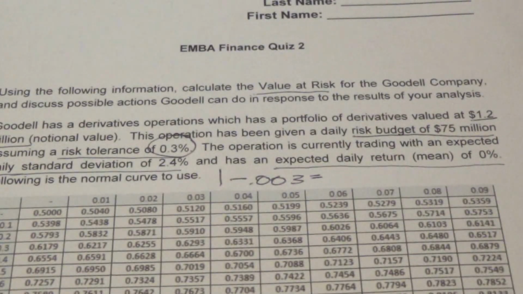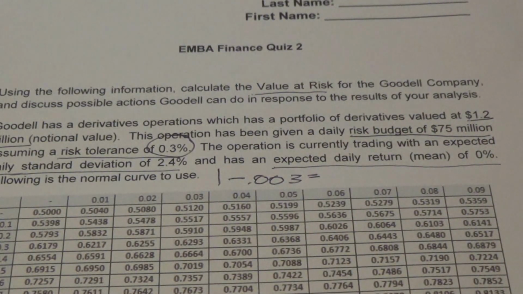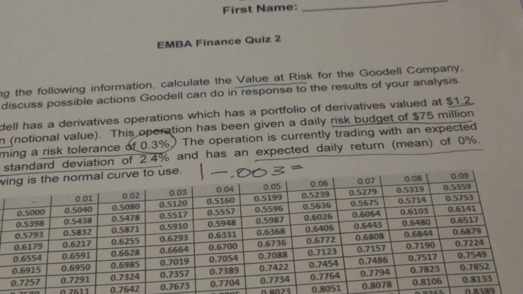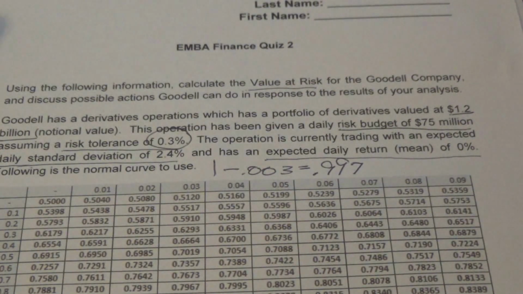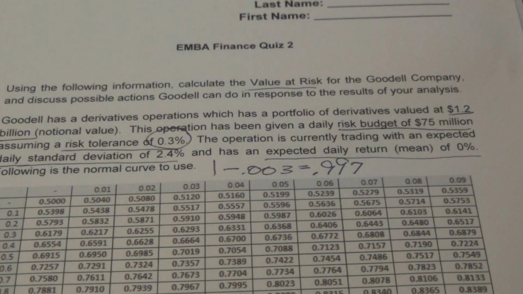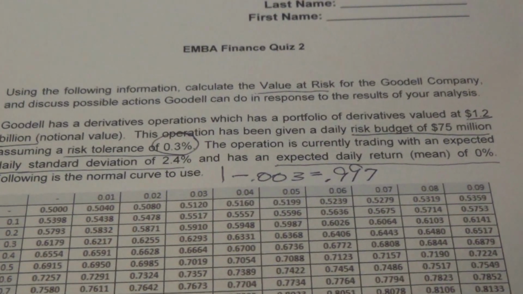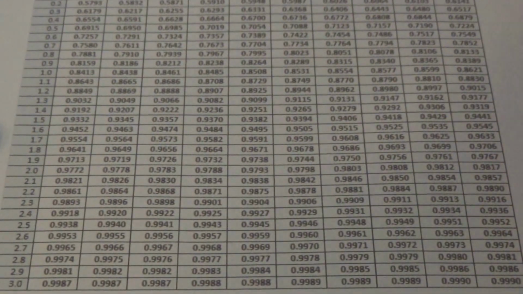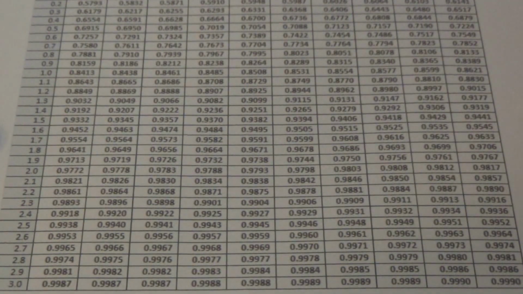That will equal 1 minus 0.003, or 0.997. So a 0.3% risk tolerance is the same thing as a 99.7% confidence level, the way this table is constructed.